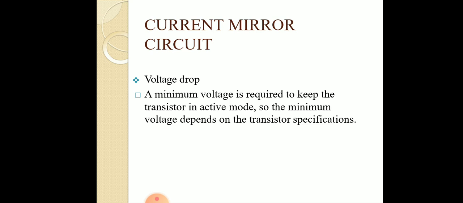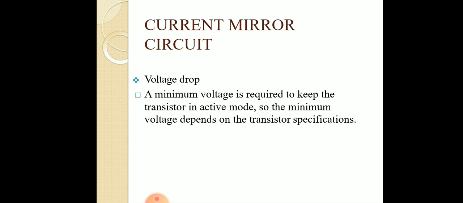Actually, a minimum voltage is required to keep the transistor in active mode, so the minimum voltage depends on the transistor specification. A properly working mirror circuit has a low voltage drop across the output.